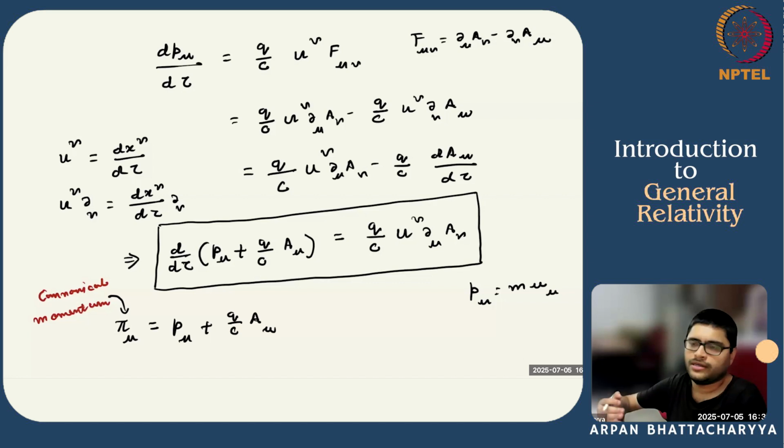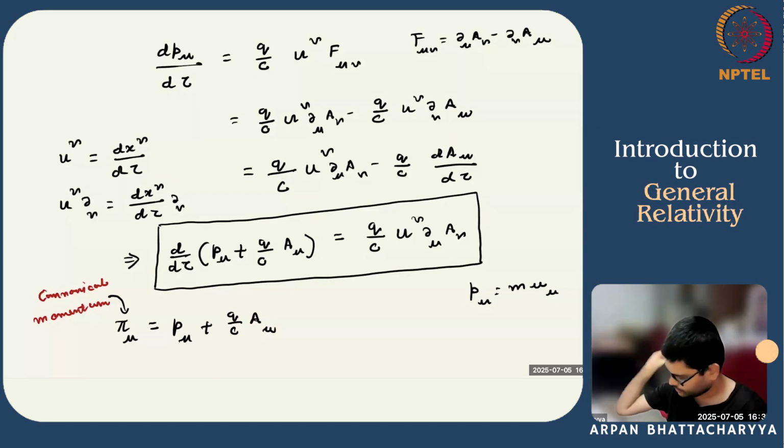And this is a very important lesson that we learned. So for the case where the potential, for example, for this case, a potential of a point particle interacting with the electromagnetic field, is velocity dependent, then the equation should not just be the rate of change of the kinematical momentum, it should be the rate of change of the canonical momentum, which is kinematical momentum plus a contribution of the field.